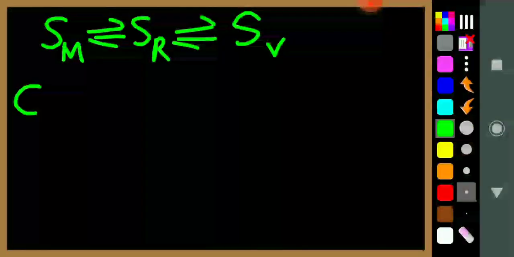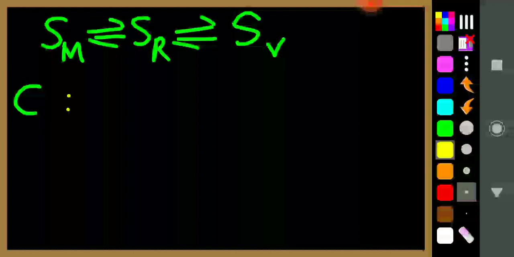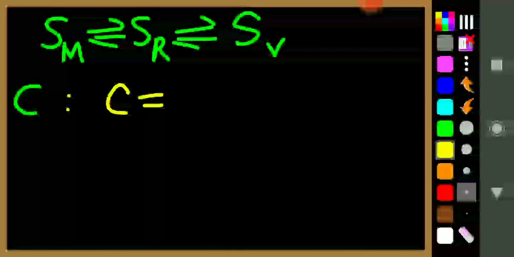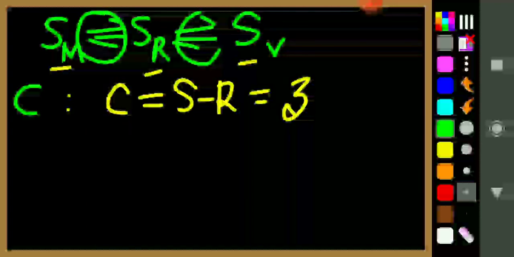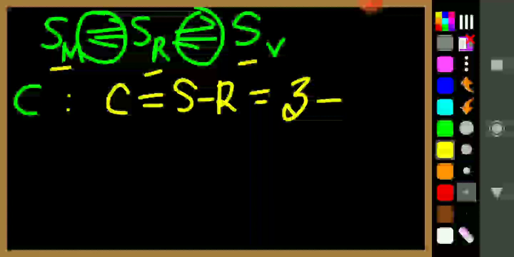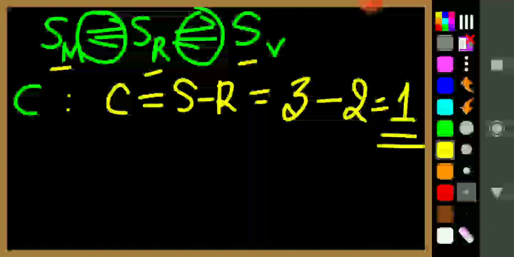what is C? C is number of components, C equal to S minus R. What is S? 1, 2, 3. So constituents are 3. What is R? R is 2, equilibriums are there, so R will be 2. So the component will be 1.